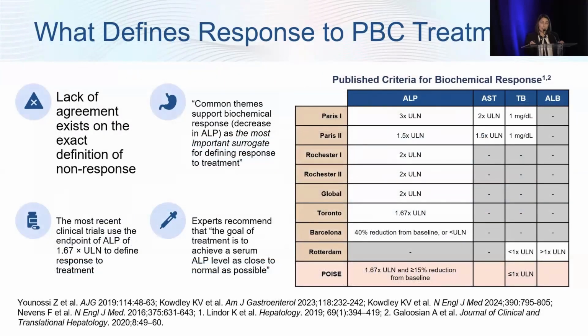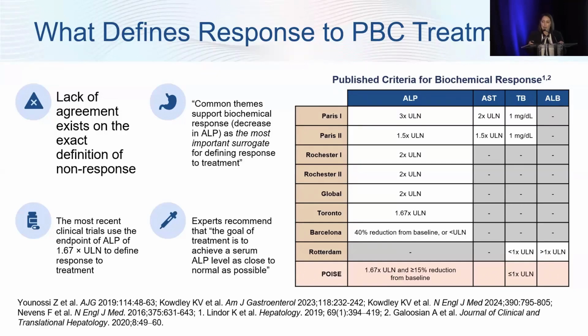And then I've talked a lot about response, right? There's lots of terms we throw out there. Inadequate response, no response, good response. What do we mean by that, right? So number one, there's a lack of an agreement that exists on the exact definition of these things. There are various published criteria for what we consider to be a biochemical response. Most of us can agree the goal is to get alk phos as normal as possible.